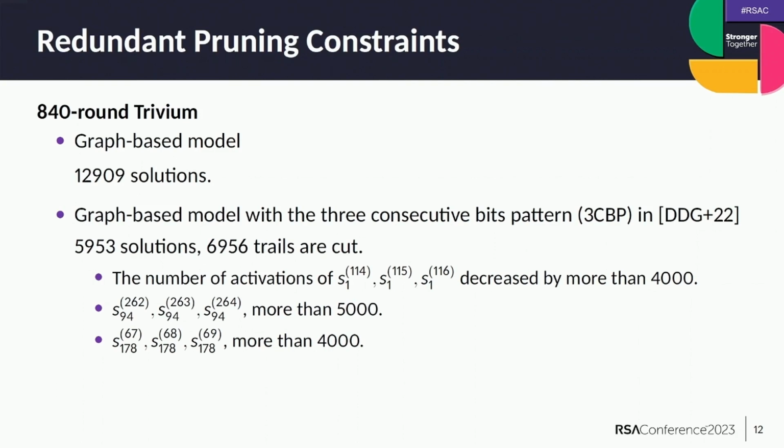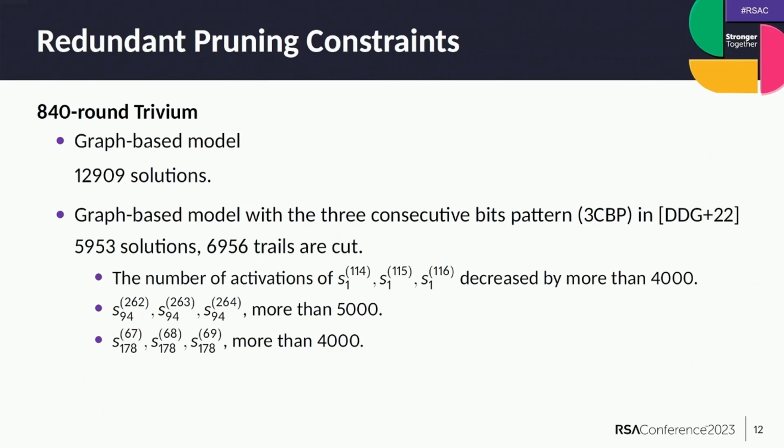If we add the 3 consecutive bit pattern in the model, we can obtain 5,953 feasible solutions, which means that 6,956 trails are pruned.